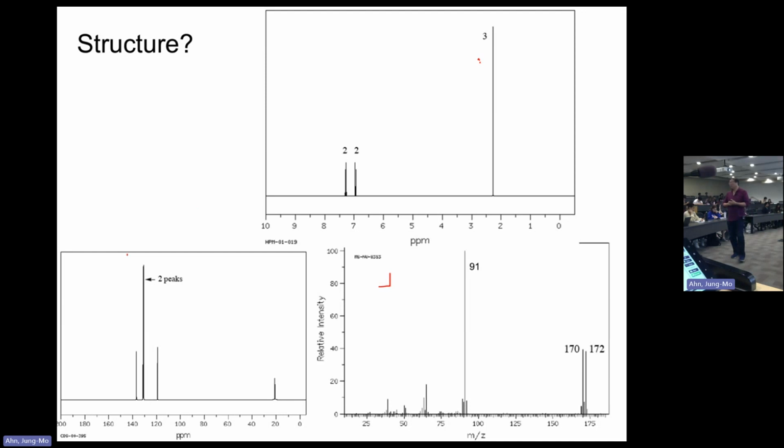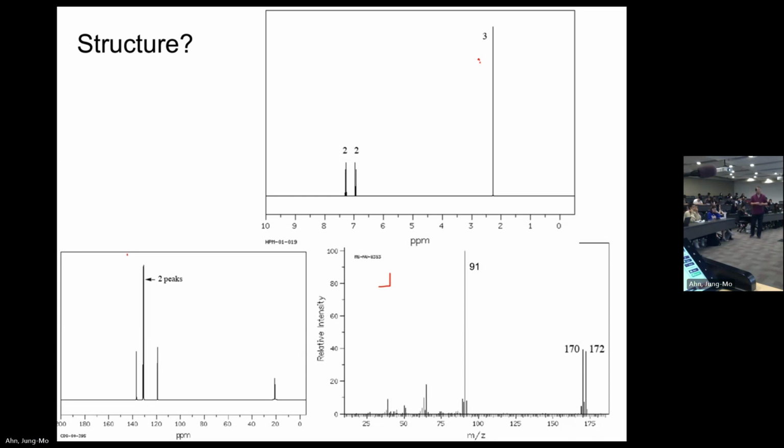Still, we can solve it. Most likely NMR will do most of the work for finding the structure. But because we don't have a molecular formula, at least we can use the molecular ion peak to get an idea of how big the molecule is.